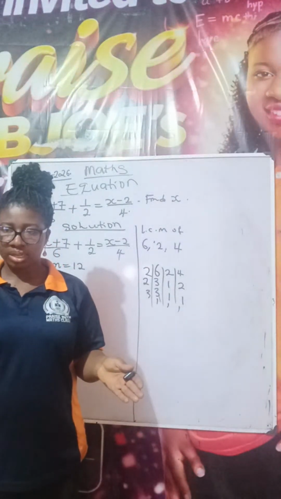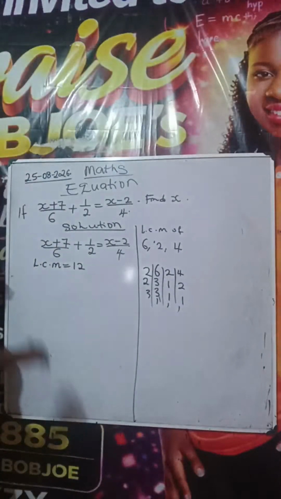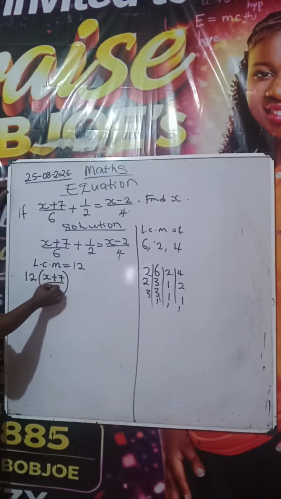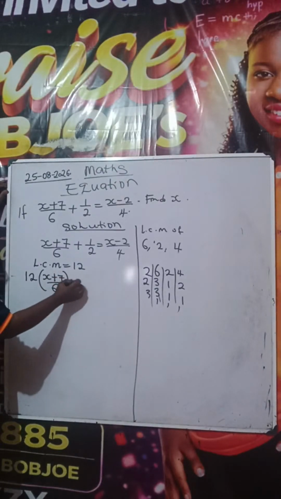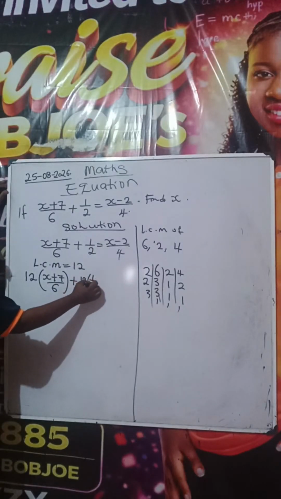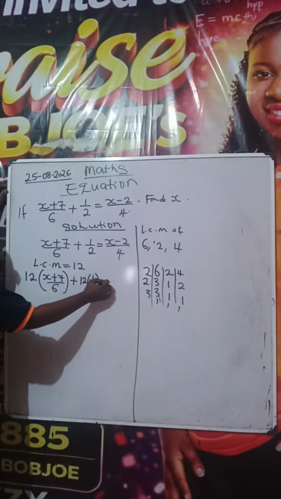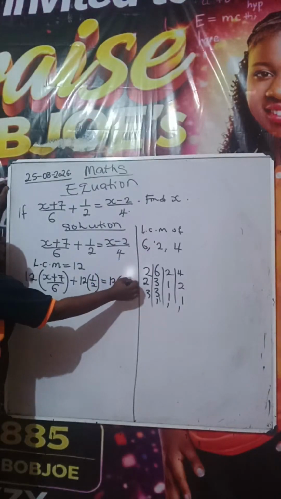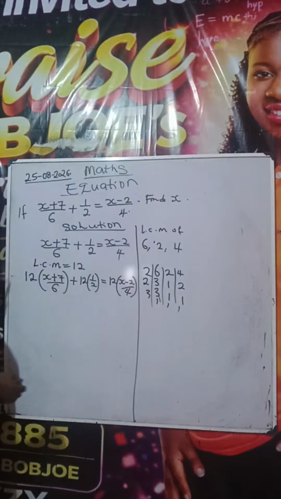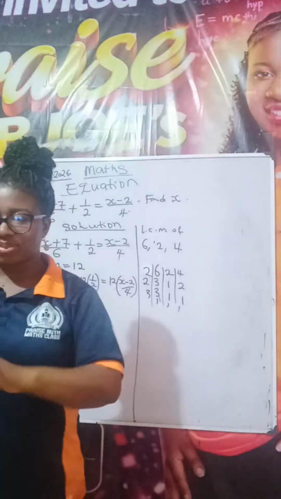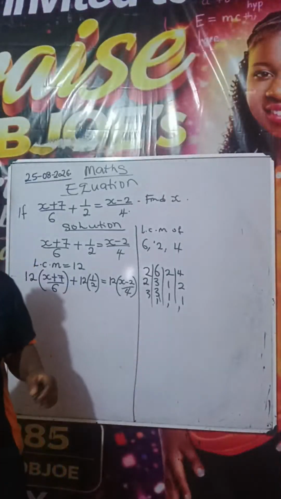So we have 12 multiplying (x plus 7) over 6, plus 12 multiplying half, equals 12 multiplying (x minus 2) over 4. Now you will see that we are going to clear the fraction without wasting time.